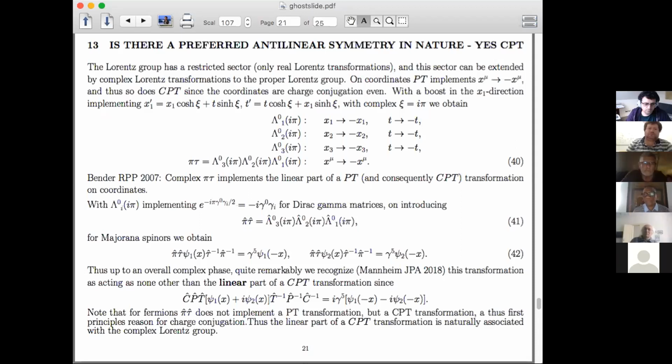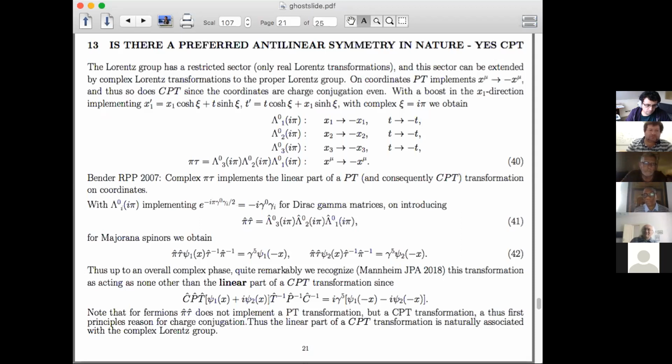I'm going to be a little bit awkward. In this paper I wrote on the CPT theorem, I actually had a proof that CPT could not be spontaneously broken. But I don't immediately remember how I did it.